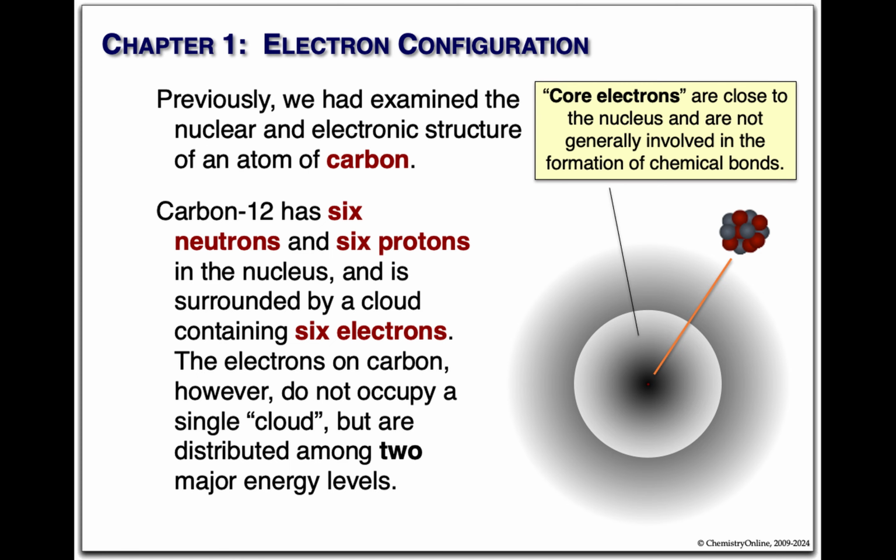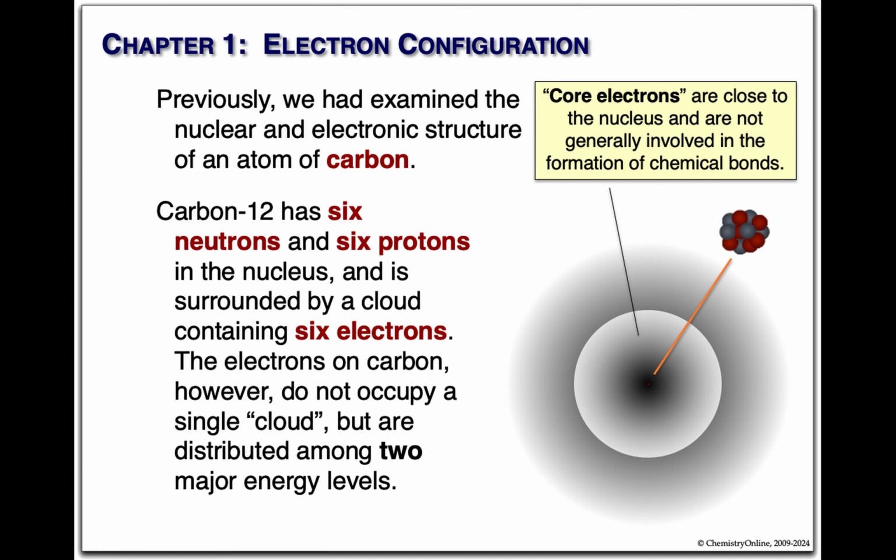N represents the energy level, therefore N is 1. 1 squared is still 1, times 2, we get 2 electrons in the first energy level. That's as many as it'll hold. Second, N squared is 4 times 2, this holds 8. Third, 3 squared is 9 times 2, this will hold 18, and so on.